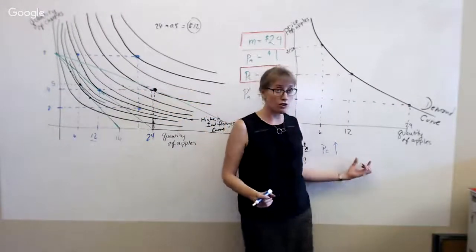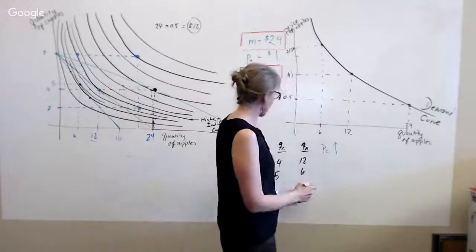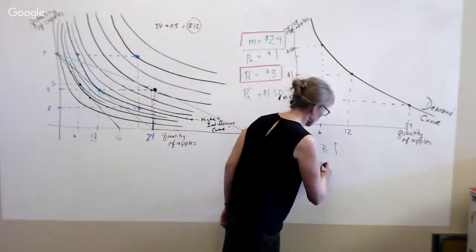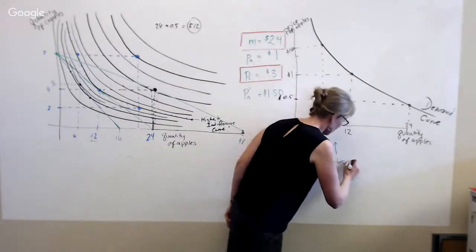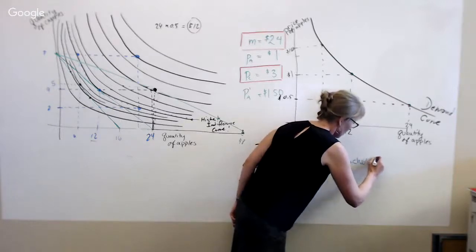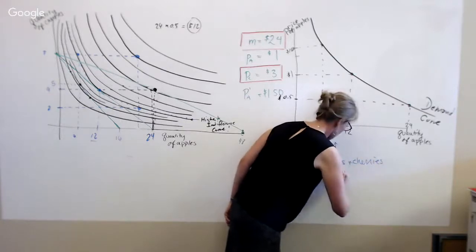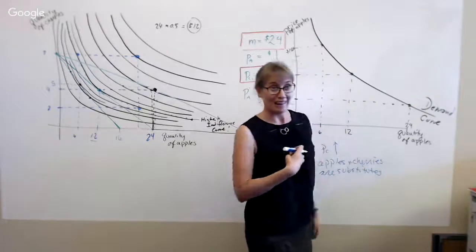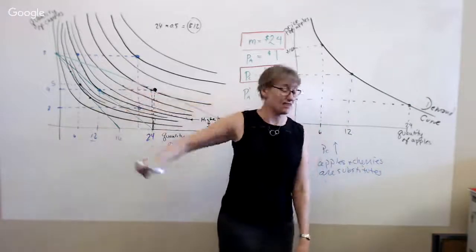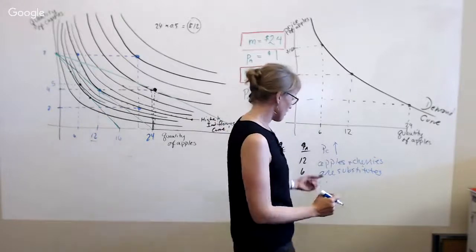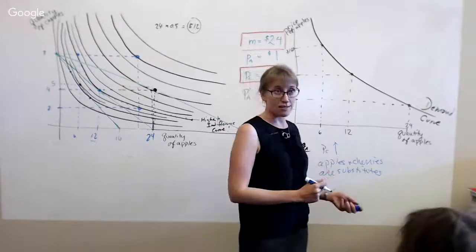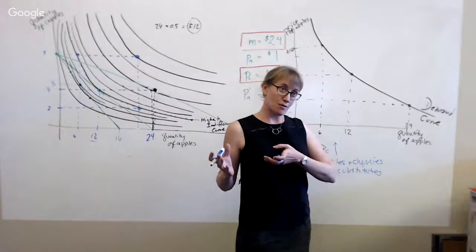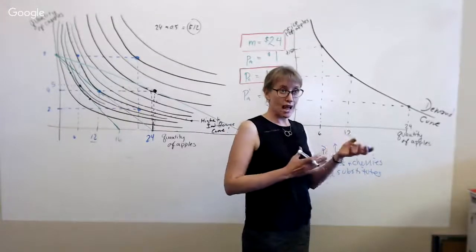But if the price of cherries rises, and apples and cherries are substitutes, and again, they're substitutes for me, because I have these preferences, then I'm going to shift my consumption from cherries to apples.